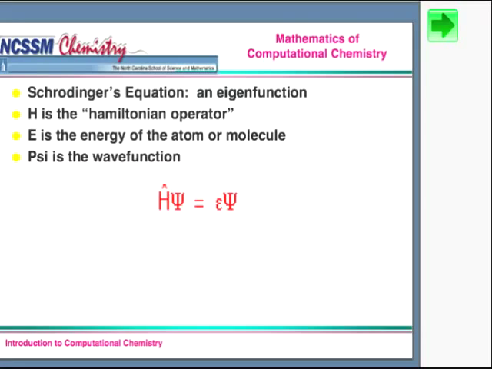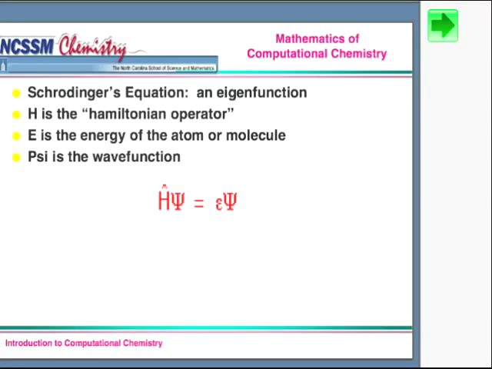Now, okay, what is that psi? That psi is the wave function. And if you go back one slide and look at that electron cloud, we would call that the wave function. That electron cloud there is the wave function. So the wave function is a measure of where the electron might be. It's a measure of its probability.